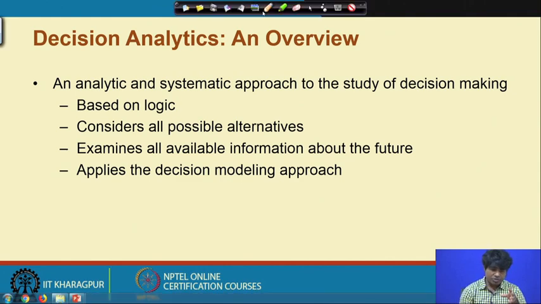So, the typical decision making process is based on particular logical issues, considers all possible alternatives, then highlights all available information about the future requirement, and applies this decision modeling approach to address the business problem. So, these are all the items which we would like to connect, and then address the business problem as per the particular requirement.